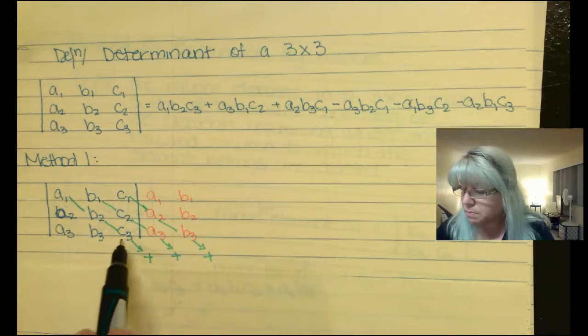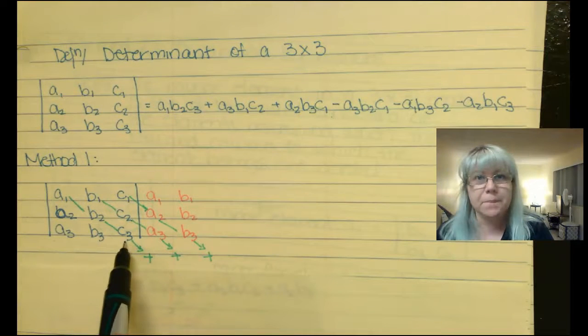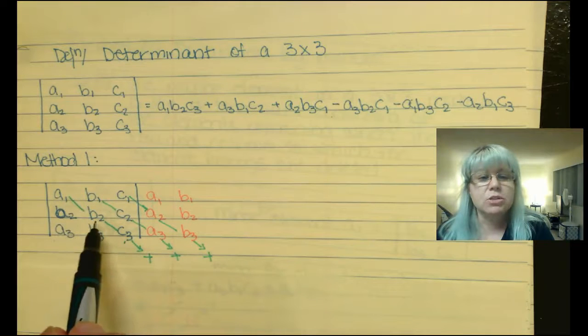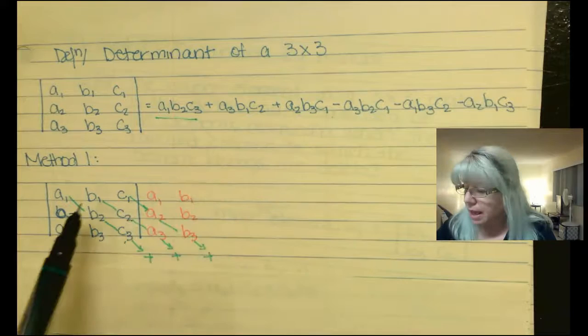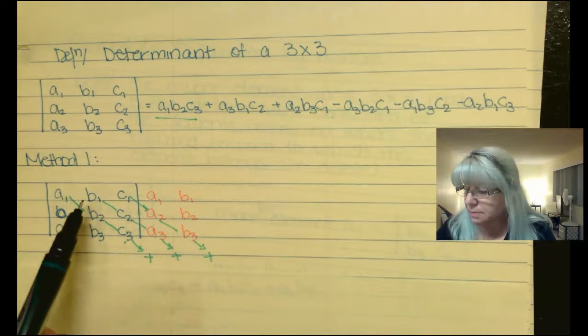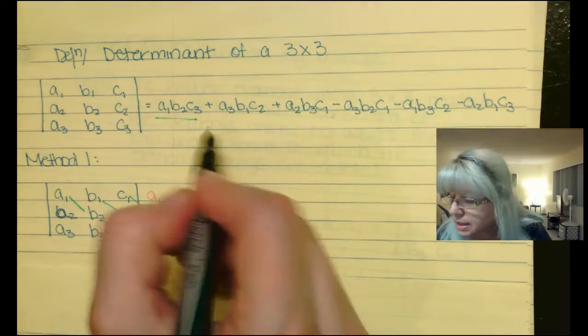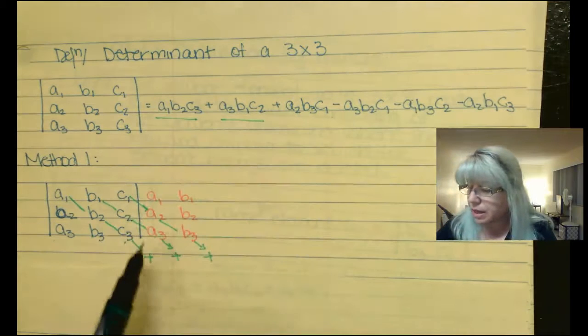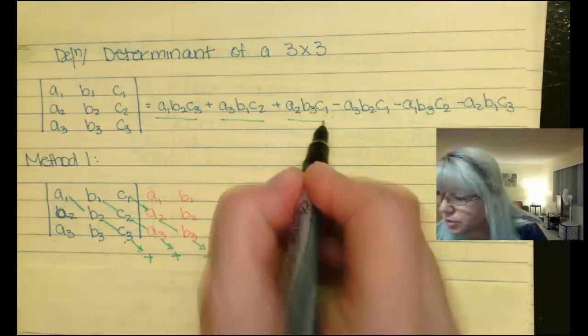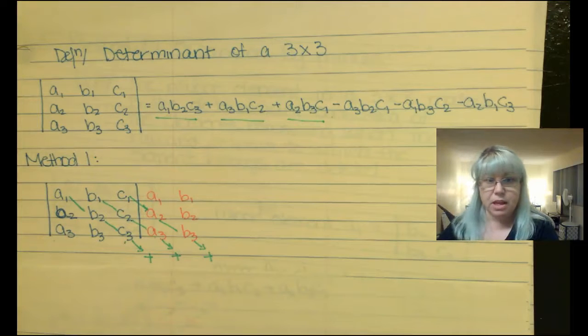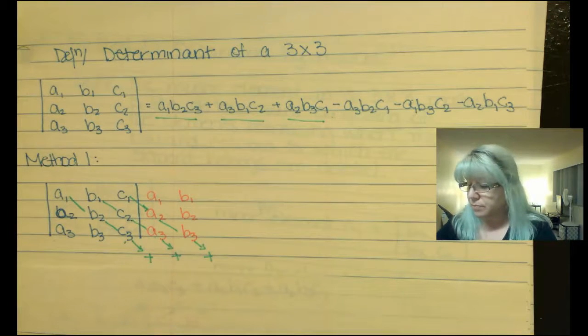A1 times B2 times C3, that's that term. A3 times B1 times C2 is the second term. A2, B3, C1 is the third term. Those are all addition.